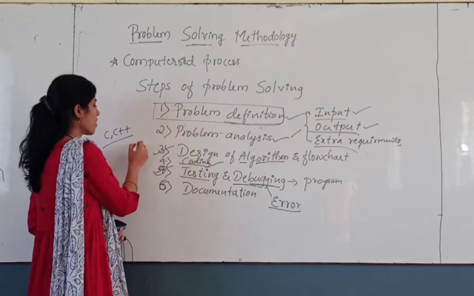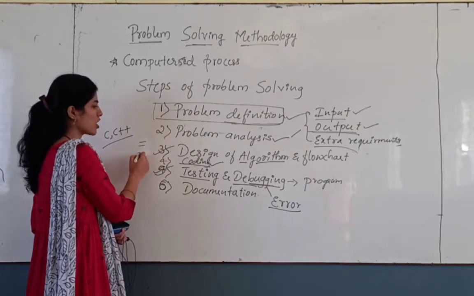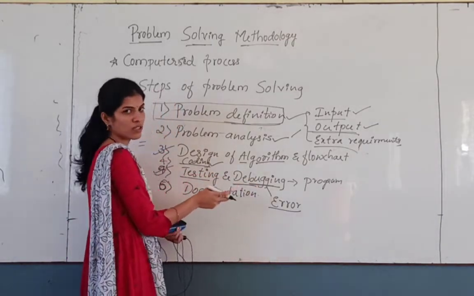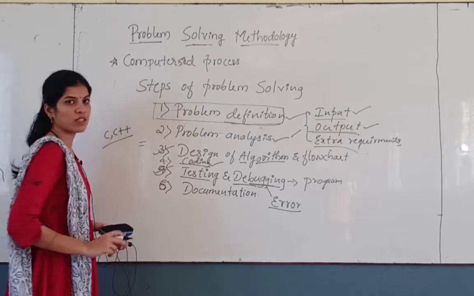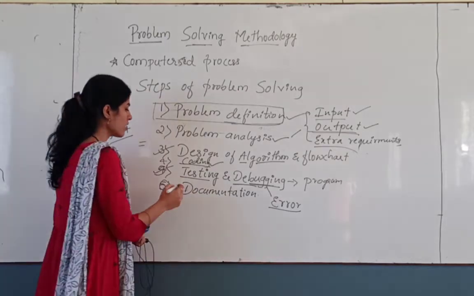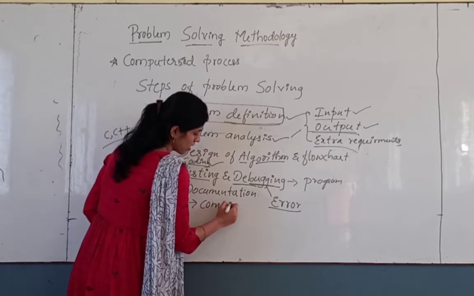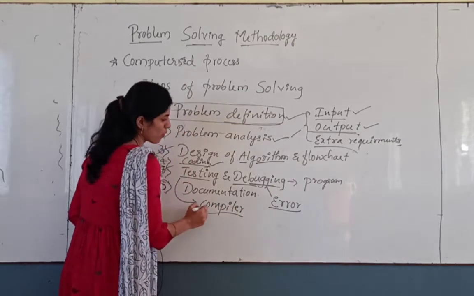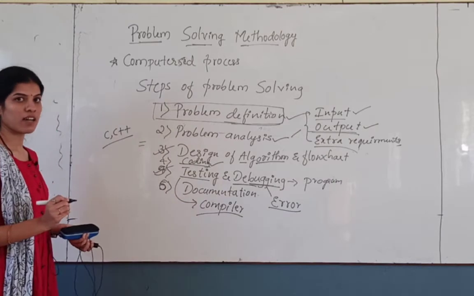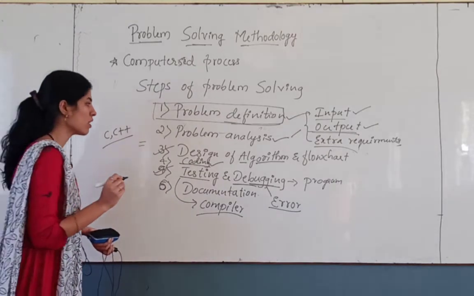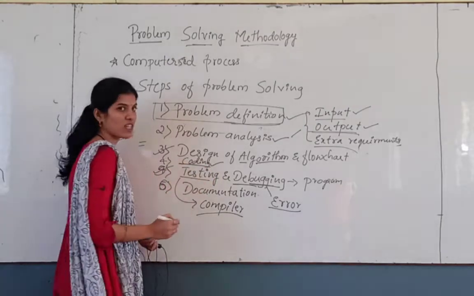Testing means every step of the code is checked for errors, and debugging is also a process of checking the errors. Testing is done with the help of the compiler. The compiler will test the program and debug the errors. Debugging the error means removing the error from the code to get an errorless code.